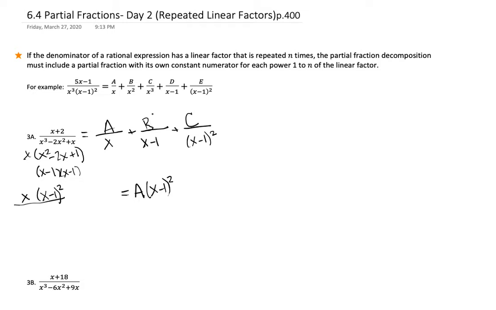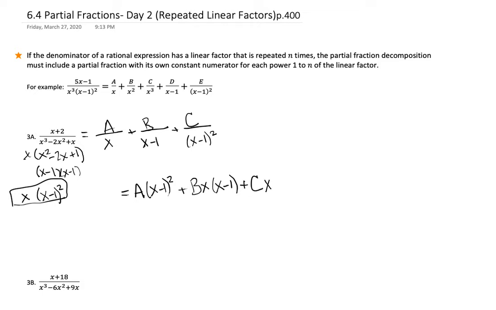The B is missing just one x minus 1 and one x, because we want it to get to this denominator. So I'm going to multiply my B by an x and then by an x minus 1. My C is only missing an x, so I'll just multiply C by x.